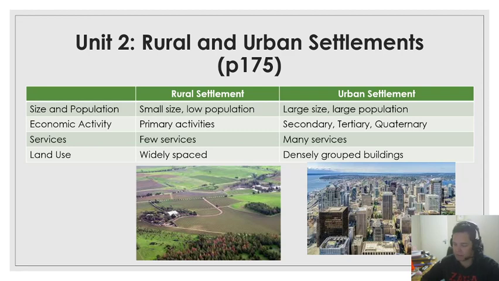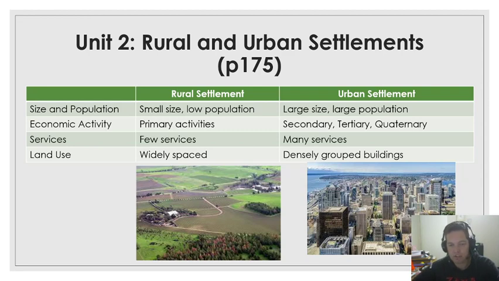It's highly unlikely you would find a brain surgeon or an investment banker in a rural setting, because you'd expect those people to be in a city. You will also find fewer educational opportunities in a rural area, because you usually find those in a city.